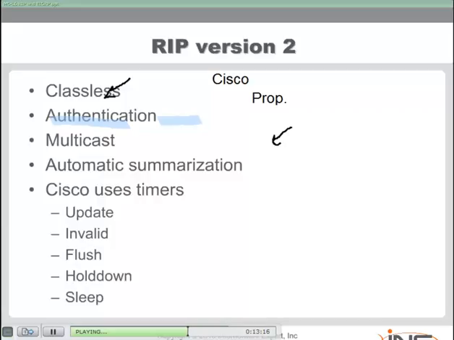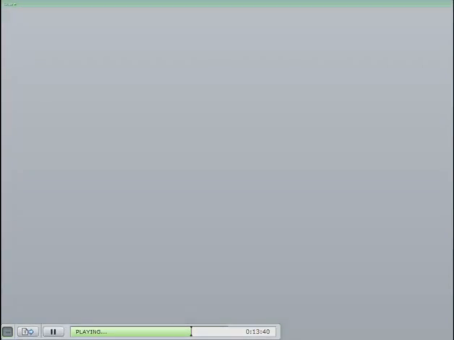The diffusing update algorithm is really the most exciting feature of EIGRP. It's really why the protocol gets such a great reputation as an interior gateway routing protocol. How DUAL works, a nice, very quick summarization for you, no pun intended, of the diffusing update algorithm.